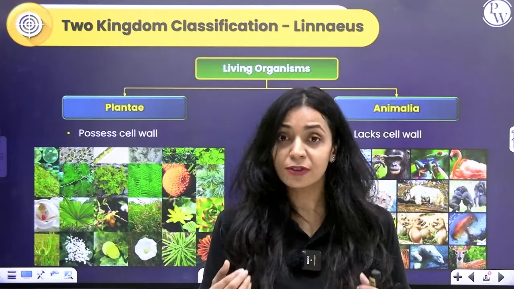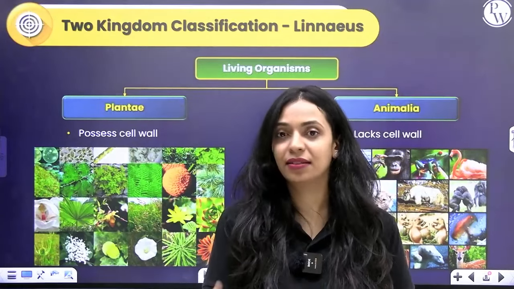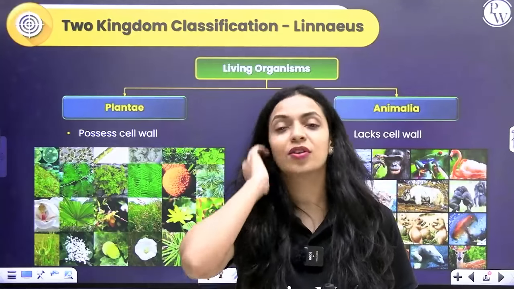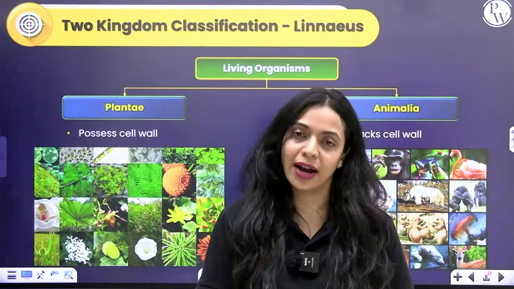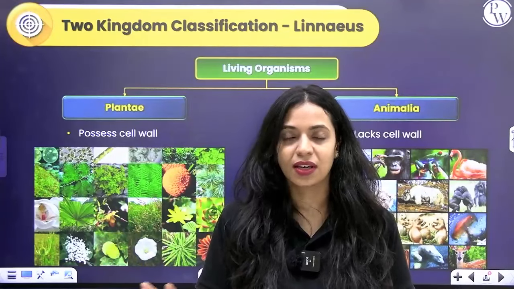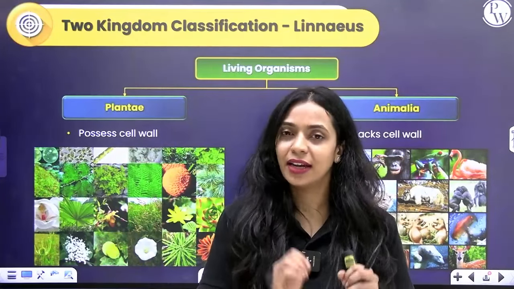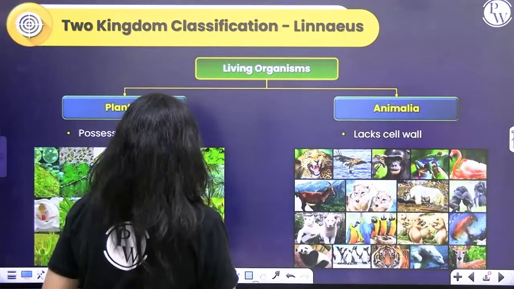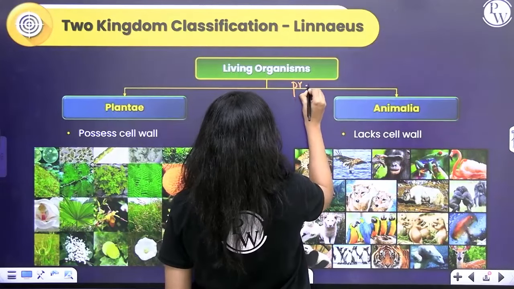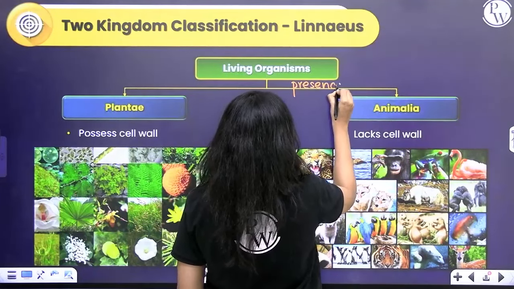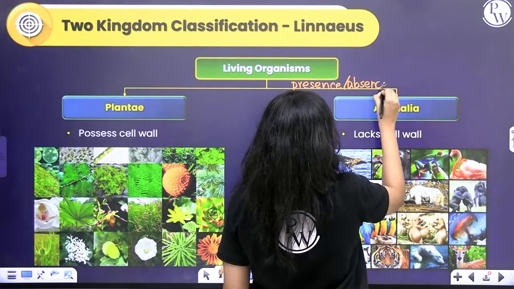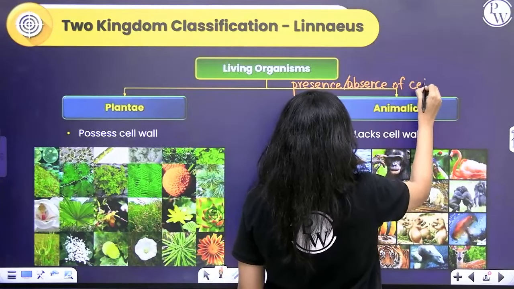In fact, it is the highest category in all of your taxonomic categories, it includes a lot of organisms. So Linnaeus used just one simple criterion to classify all living organisms. The one simple criterion that he used was whether cell wall was present or absent. Presence or absence of cell wall.